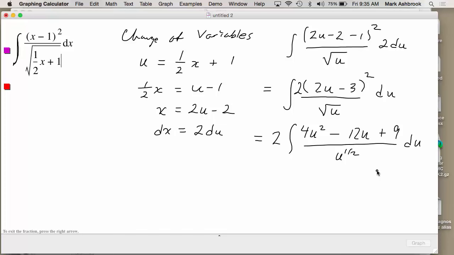So 4u squared divided by u to the 1/2 equals what? If you want to start by multiplying by u to the negative 1/2 and then distribute, that's the same thing. You could move this up to the top as u to the minus 1/2 and distribute. Or you can just separate the fractions. You've got a single thing in the denominator, so that's the same as each one of the individual terms over the denominator.